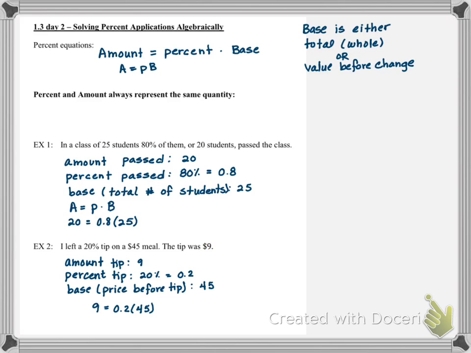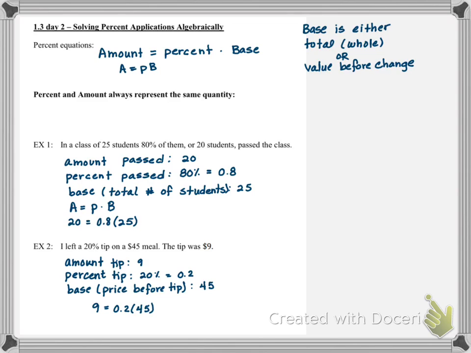We wouldn't want to say the amount paid after the tip is 54 and the percent of the tip is 20%, because 54 isn't 20% of 45. So there's often a choice about what the amount and percent represent, and it's not that one of the choices is wrong. You just have to be consistent or else, numerically, it's not going to work out correctly.